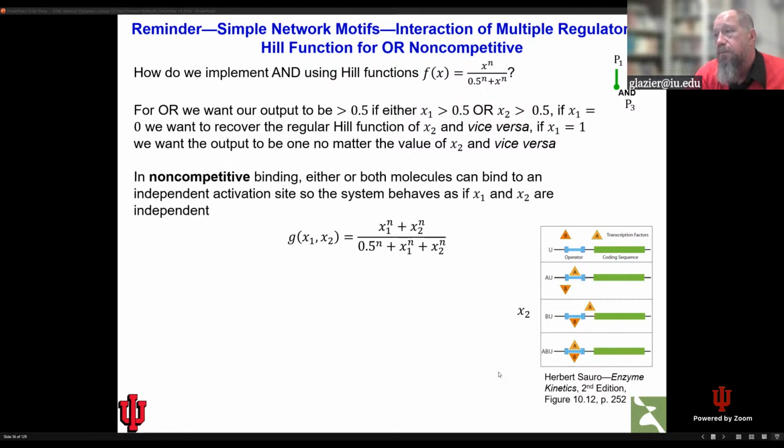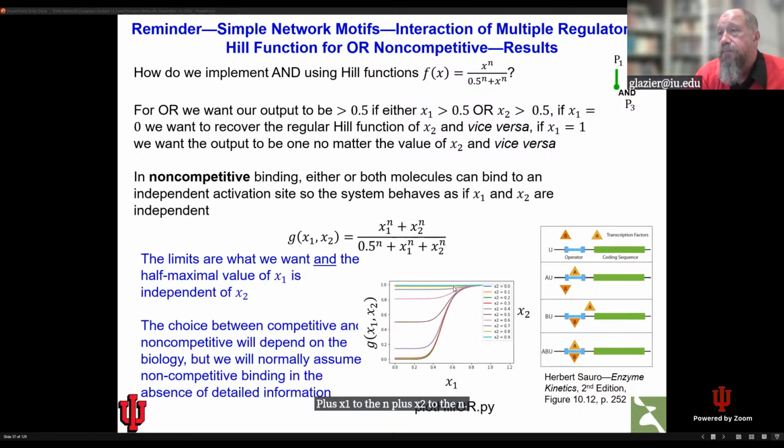For the non-competitive case, here I have two binding sites. If I bind to one, I turn on. If I bind to the other one, I turn on. In that case, it behaves like x1 to the n plus x2 to the n over 0.5 plus x1 to the n plus x2 to the n. And that has a circuit that looks like this.